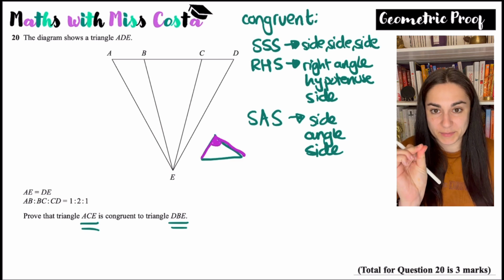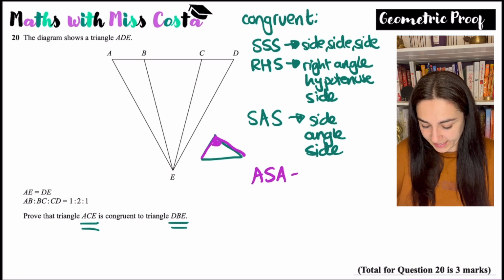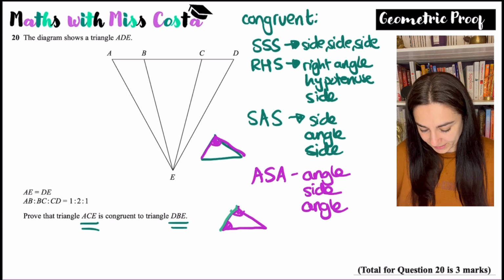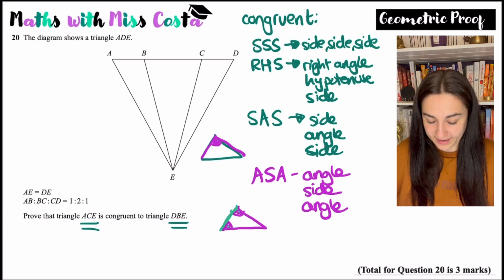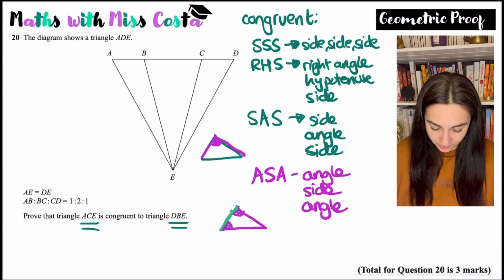So the angle is squished in between your two equal sides. And the other one is ASA, where you have an equal angle, an equal side, and an equal angle. And once again, that side has to be in between your two angles, so it has to be linking them. So angle, side, angle, and those need to be the same for both triangles. So they're my conditions of congruence.